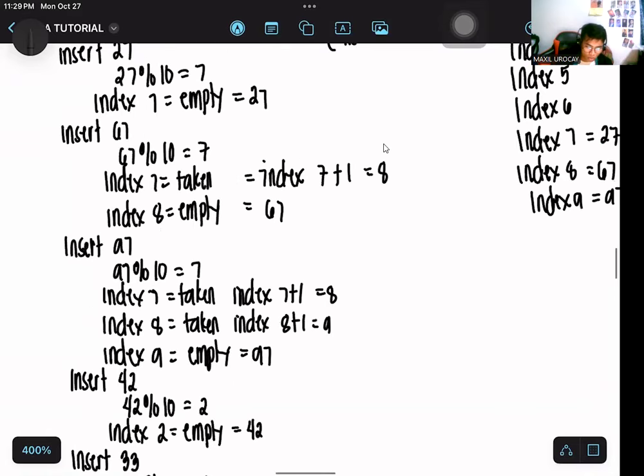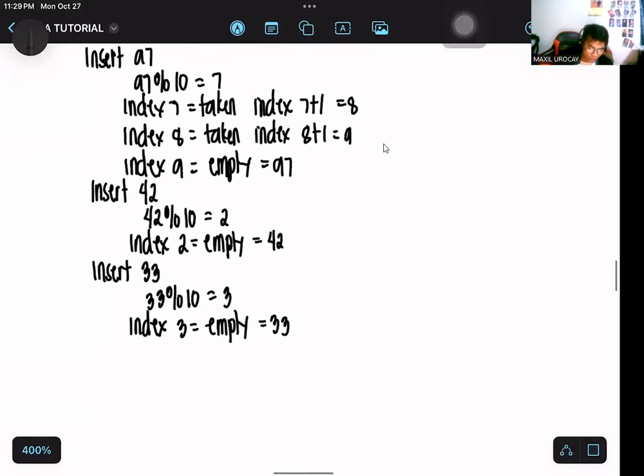So now we will begin to insert number 74. Okay, 74 modulo of 10, well, 74 divided by 10 equals 7. 7 times 10 equals 70. 74 minus 70, that is remainder 4.